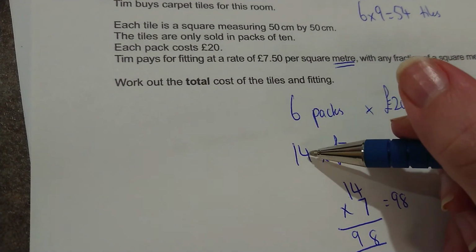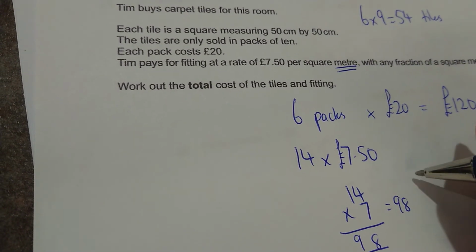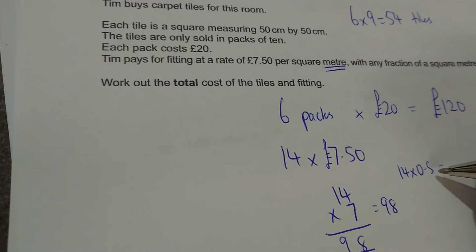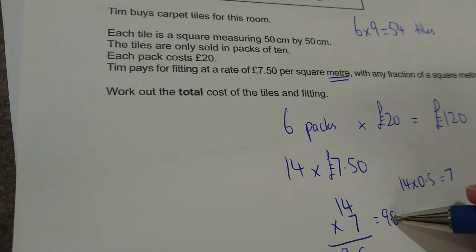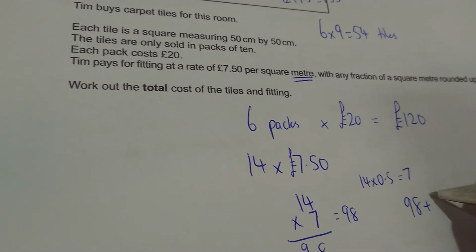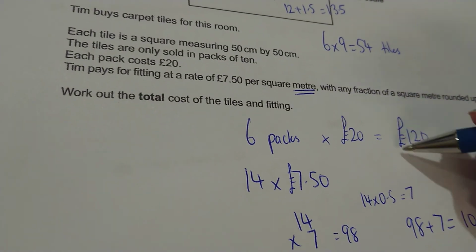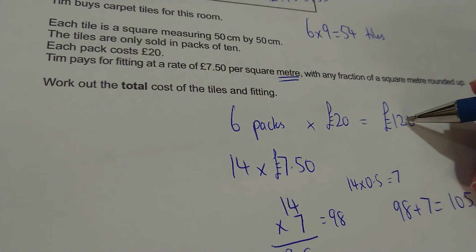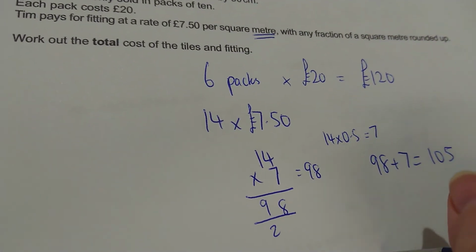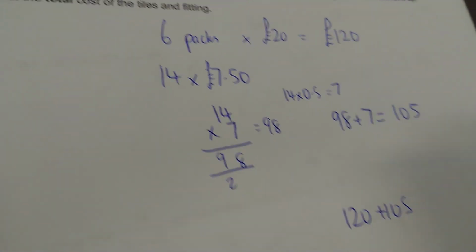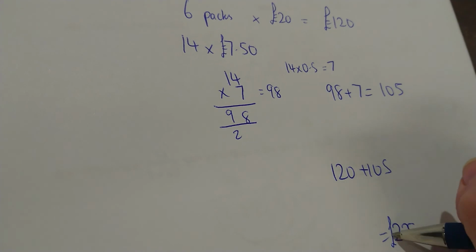And then I need to do 14 times 0.5. And that's going to just be times by a half, so that is just 7. So if I do 98 plus 7, the total of the fitting would be 105. But I've also got, remember, the cost of the tiles. So I need to do 120 plus 105. And so then it makes £225. So that should be the final answer, £225.